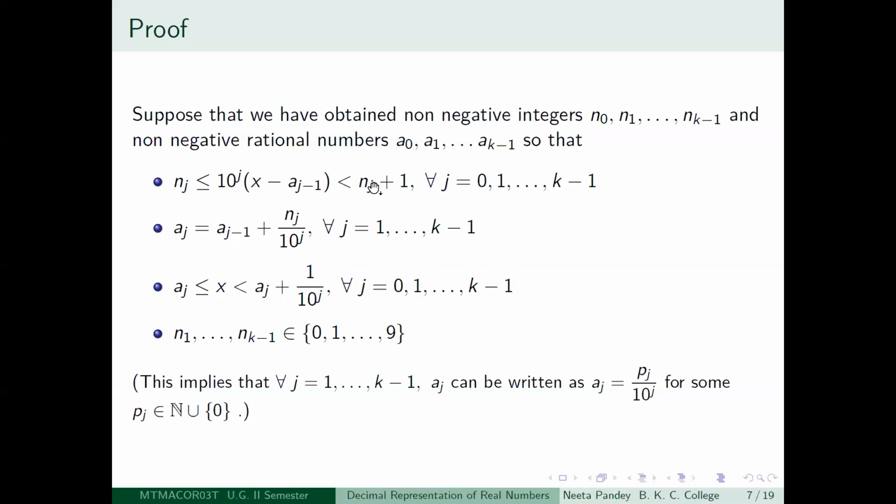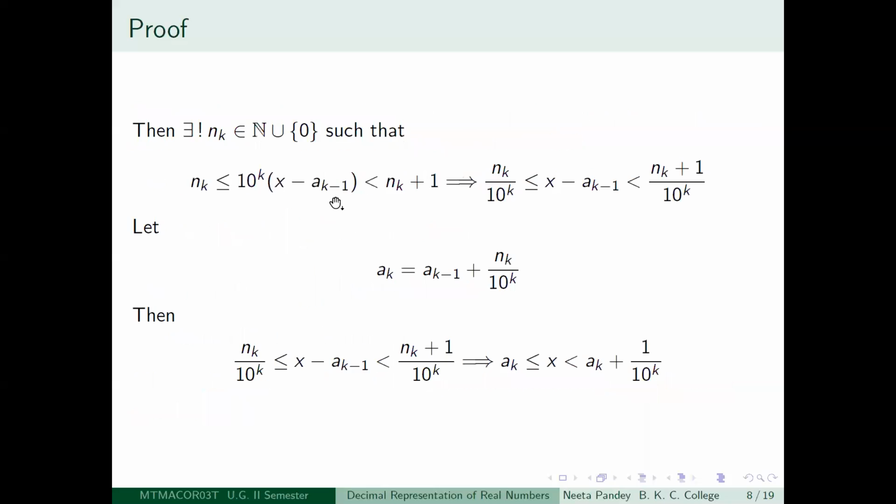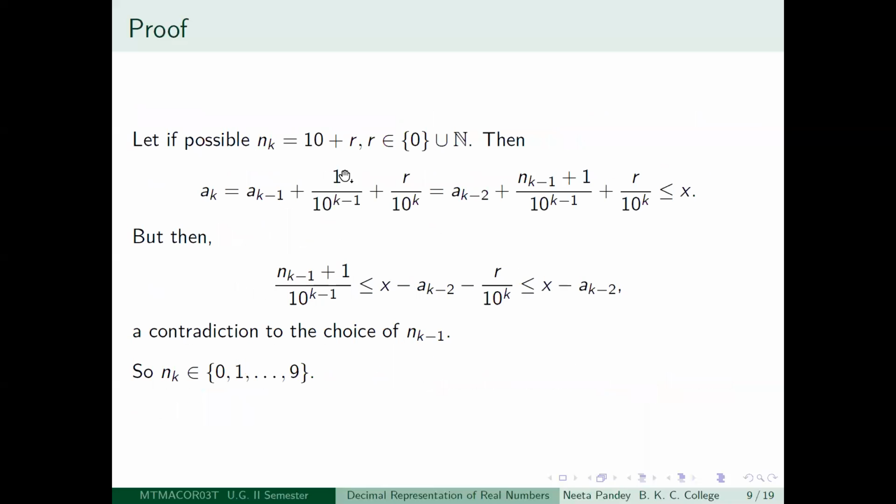So in particular, nk minus 1 plus 1 has to be strictly greater than 10 to the power k minus 1 times x minus ak minus 2. So by our assumption that nk is greater than 9, we get a contradiction to the choice, and hence nk cannot be greater than 9. Therefore, nk is a non-negative integer between 0 and 9.